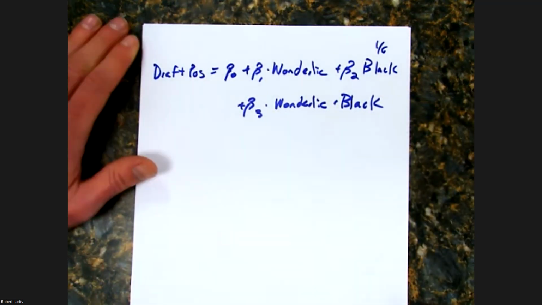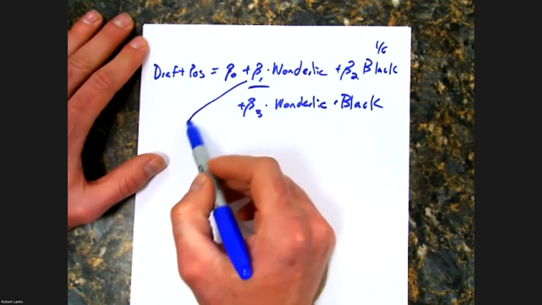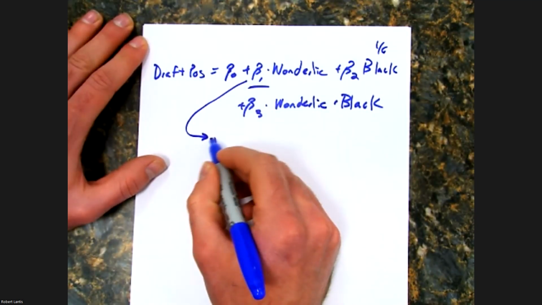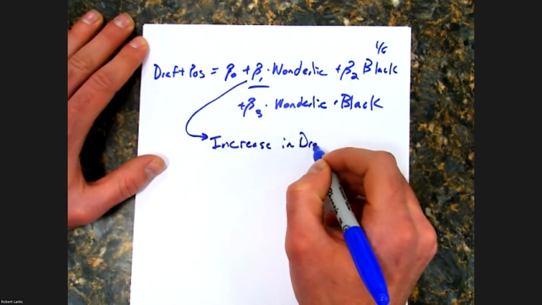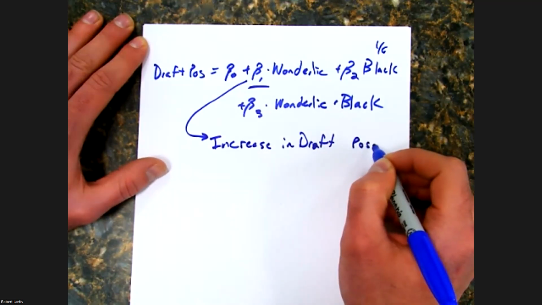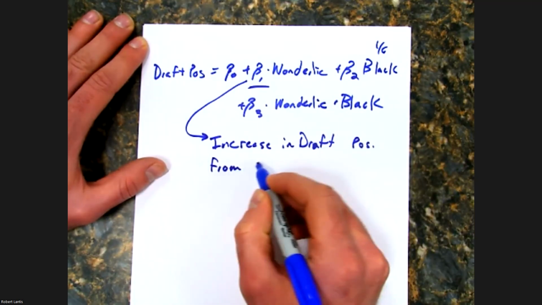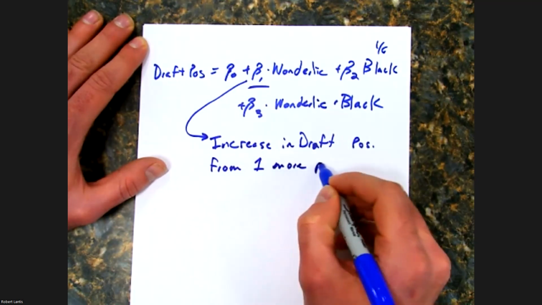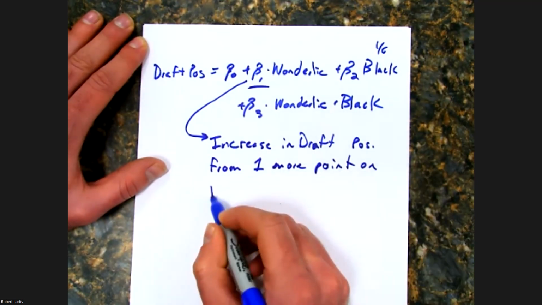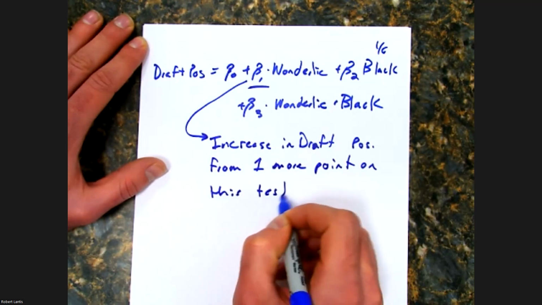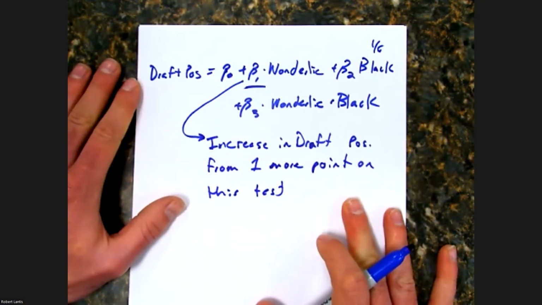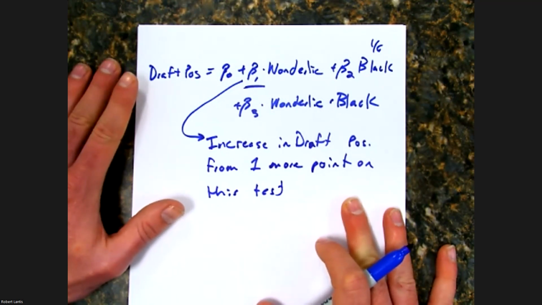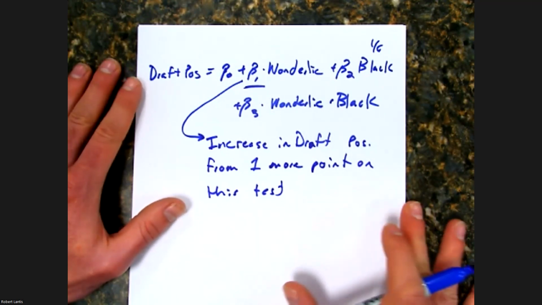Right? So beta 1 here tells me the expected increase in draft position from 1 more point on this test, right? But because I've included this interaction term, this is actually the effect of 1 more point on the test across every race, the average impact.